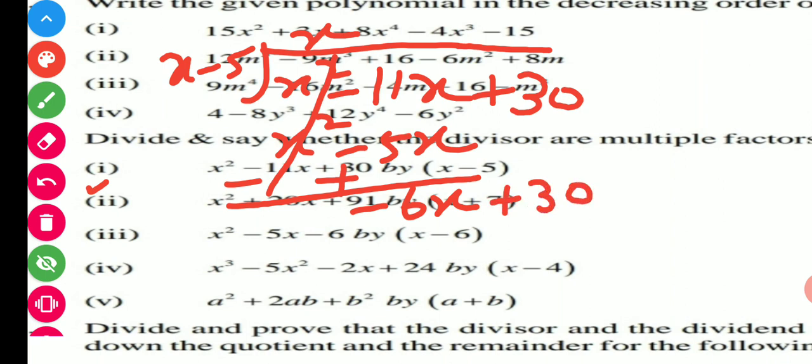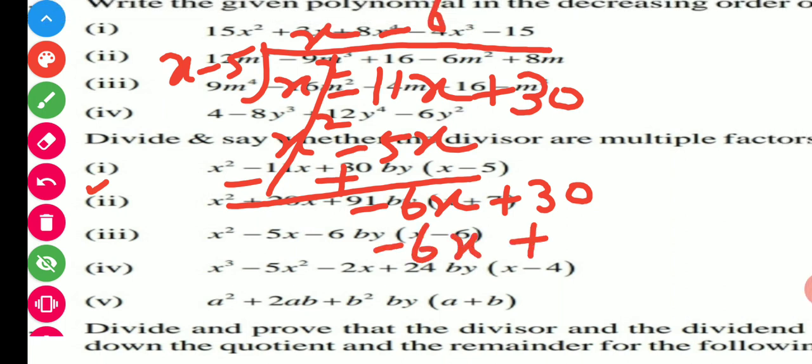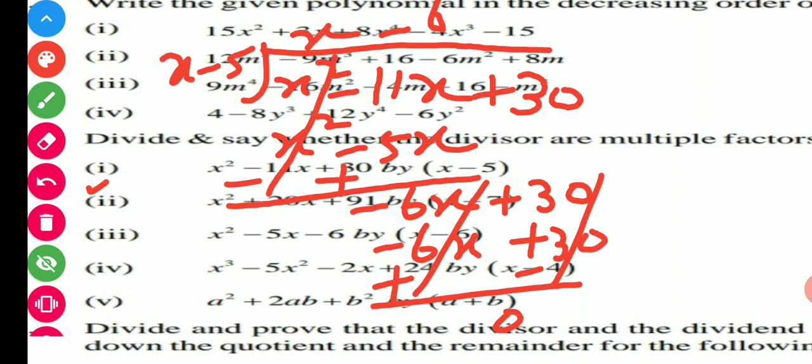What will happen? It becomes minus 6 times. So multiply to this, minus 6x and plus 30. Now change their sign, it is plus, it cancels out, so it becomes 0. That means it is divisible or a multiple of this polynomial.